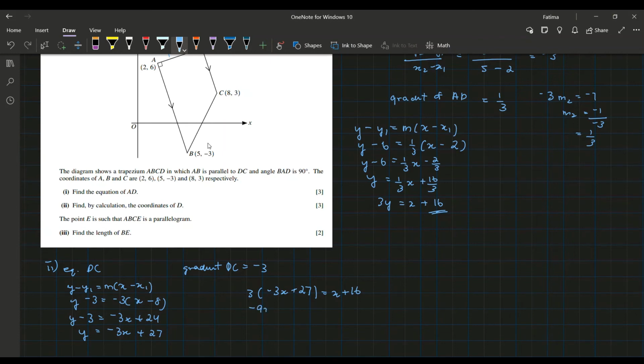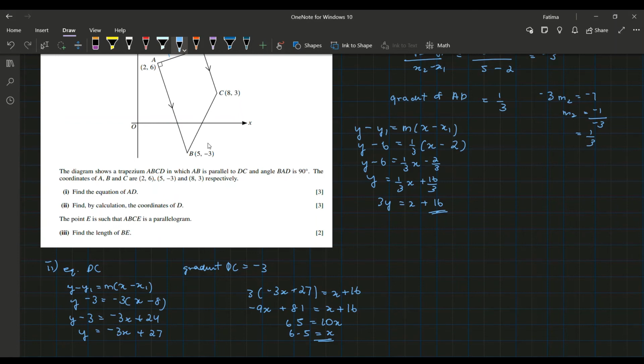So that's minus 9x. Now 27 into 3, that's 81, plus 81 is equal to x plus 16. So then that becomes 81 minus 16, which is 65, is equal to 10x. So 6.5 is equal to x.